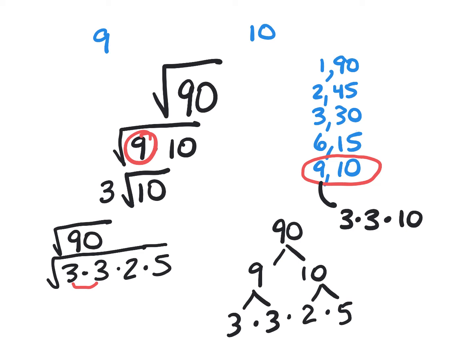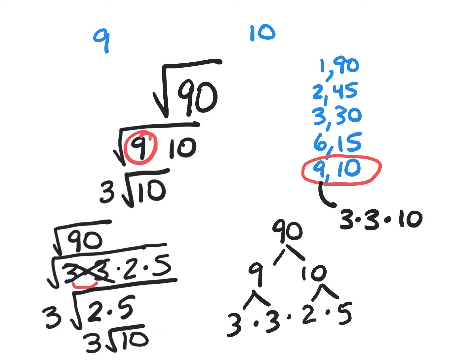That means 1 can come out, and you're left with your 3, and they're gone. So it's like 3 times 3, it just gets removed, like the whole thing. So you take that 3 out, that leaves me with 2 times 5. So either way, you get 3 root 10.